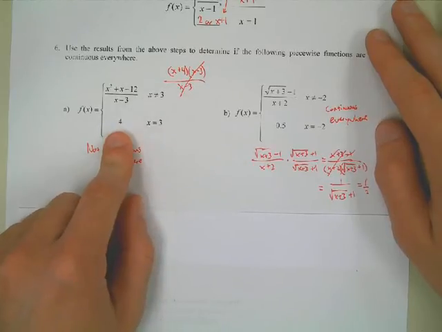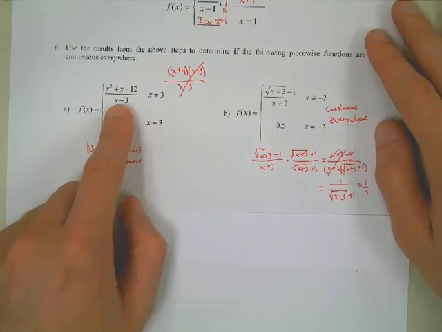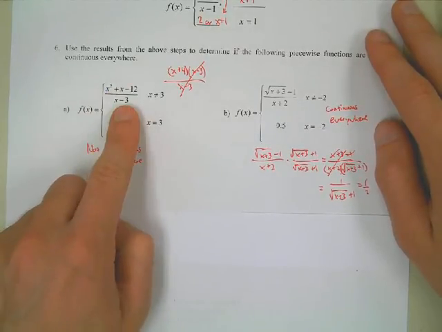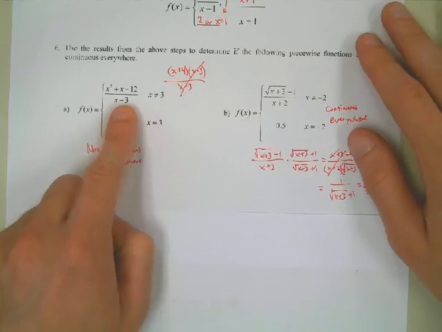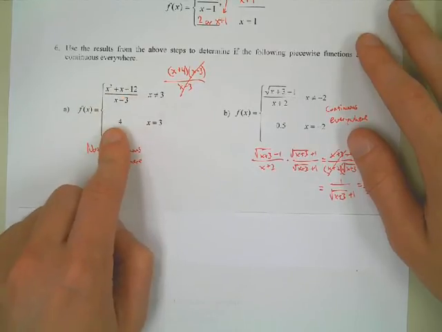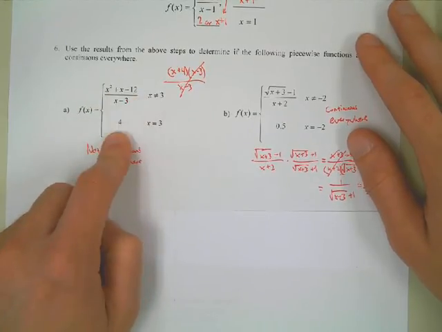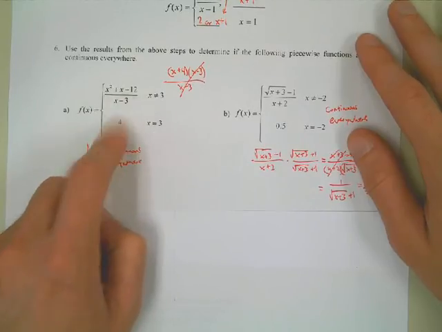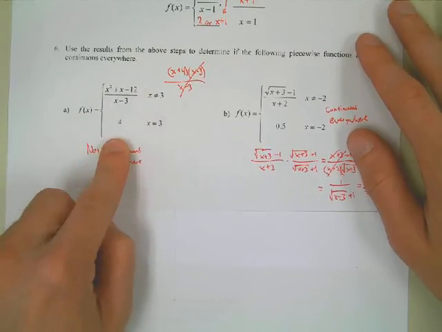So this is not continuous everywhere, because the function approaches 7 as you approach x equals 3. The limit here is 7, but here it's supposed to be 4, so they don't match up. The function value at 3 is 4. The limit as we approach 3 is 7, so they disagree.